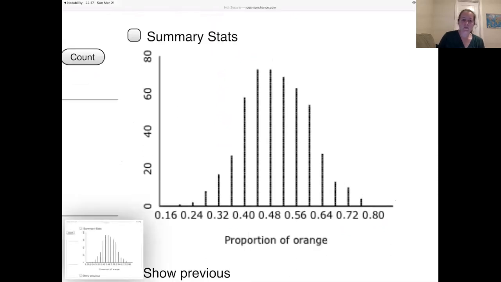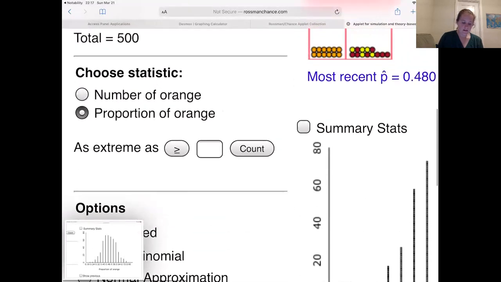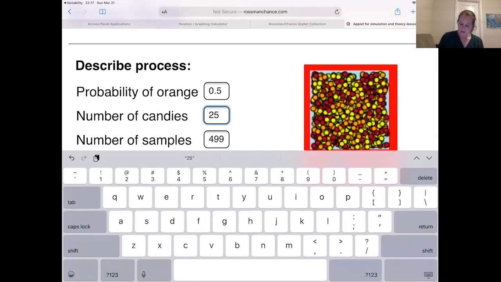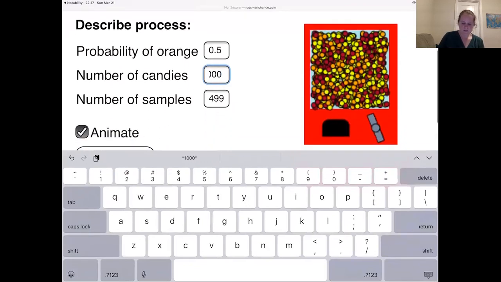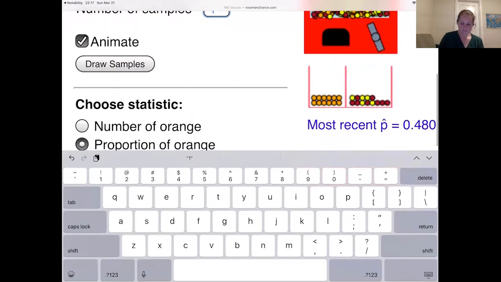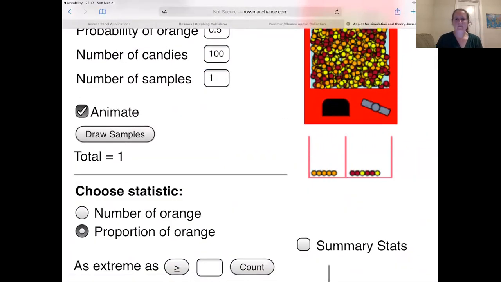And then we'll go ahead and do the same thing again, but this time we're going to bump up to samples of size 100. So let's do this as a 1. And we'll go ahead and draw a sample.